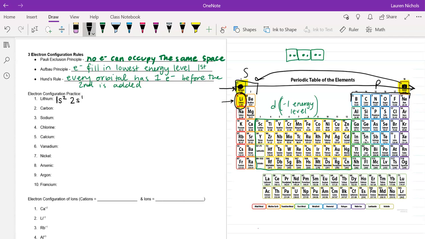And so with carbon, we do the same thing, but we kind of start from scratch. So carbon is right here, it's number 6. And so again, we read the periodic table like a book. So we start at row 1. So we would have 1s2 because that takes care of hydrogen and helium.